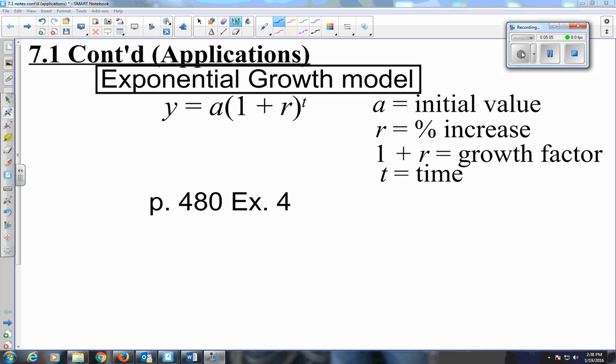They told us to use n instead of y, so we're going to replace y with n in our little formula, and that's going to represent the number of security incidents. There we go.